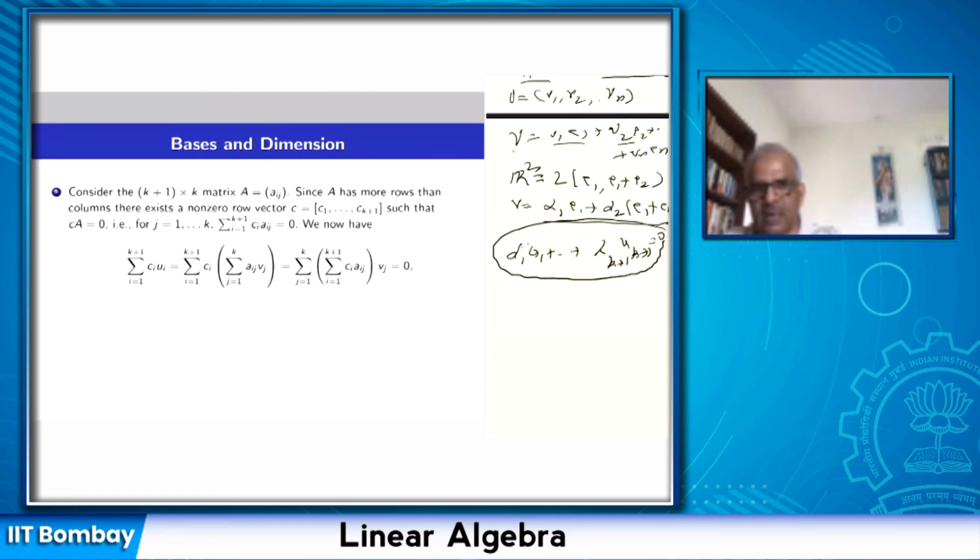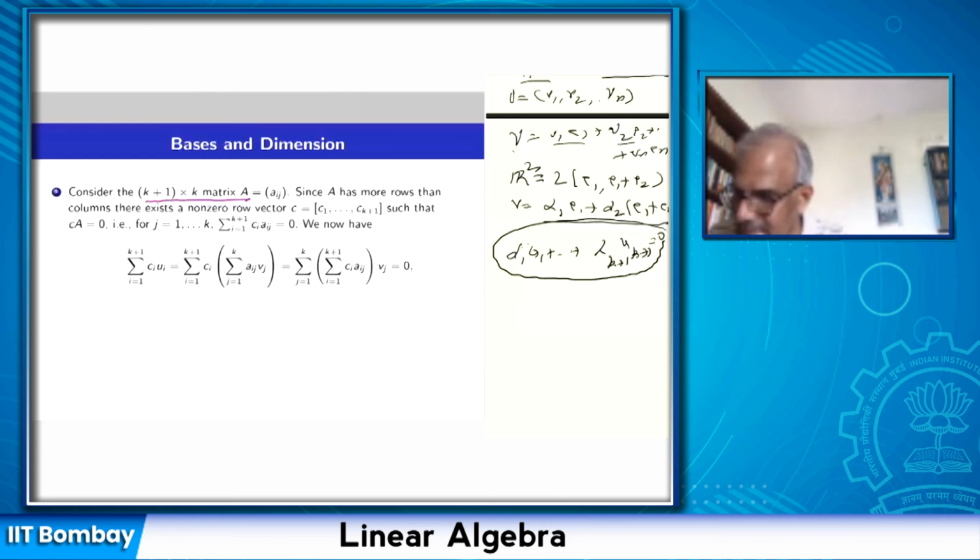Now this gives rise to a k plus 1 by k matrix, because I have k plus 1 vectors which are linear combinations of k vectors. In those relations, the coefficients aij, i is varying from 1 up to k plus 1, but j is varying from 1 up to k.